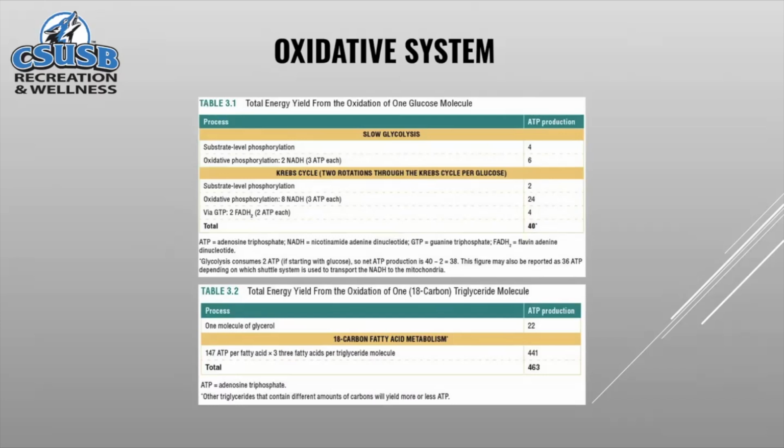We get 441 ATP. Then you also see from our glycerol, we get 22. So look at that, it's 463 ATPs total. It's a really slow system. It's not like we can just kick in and immediately start producing that amount of ATP, but over the course of a long period of time, it'll produce a large amount just off of this one molecule.